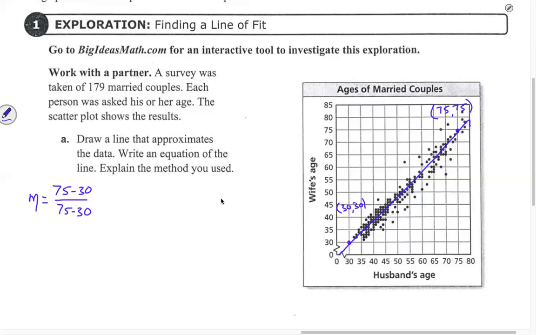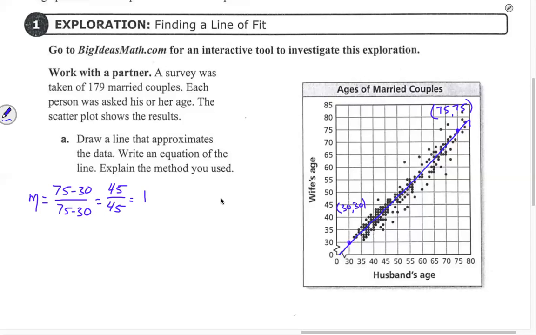So try and find 2 points such that your line goes through the corner of the box, or estimate it. Like notice I'm not perfectly on that point and I'm not perfectly on that point, but I'm using those to estimate it. And I'm finding that my slope is 45 over 45, which is 1.